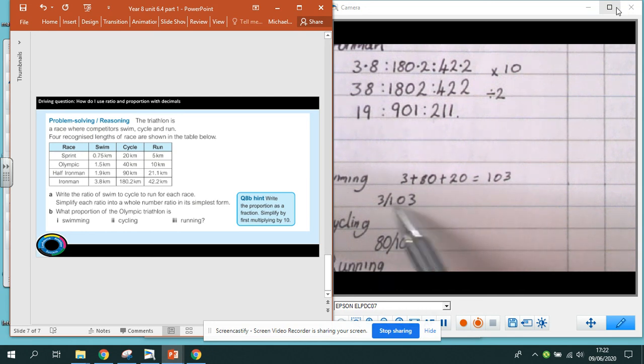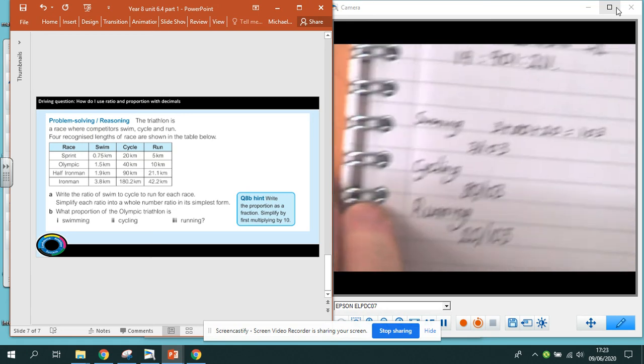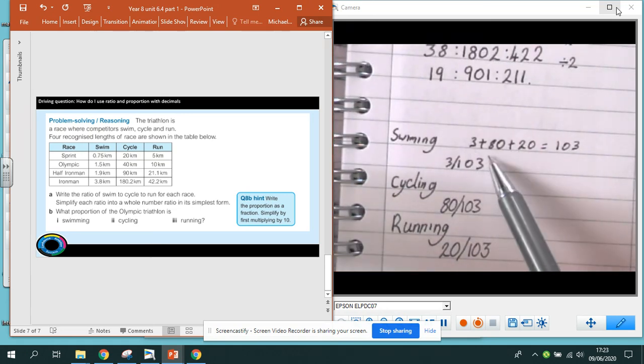Swimming is 3 over 103, because as we mentioned, 103 is prime. You can't really do anything with it at that point. So cycling is 80 over 103 and running is 20 over 103.